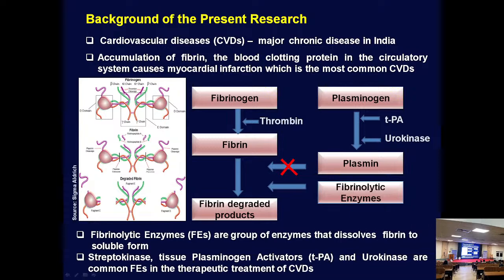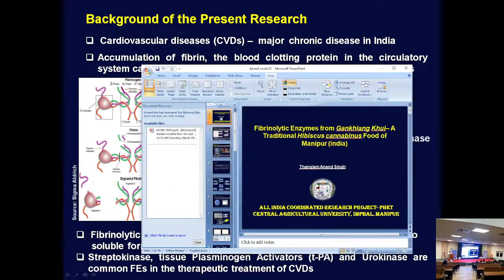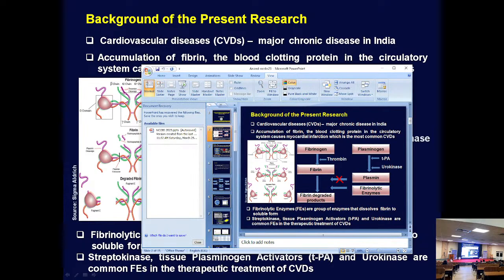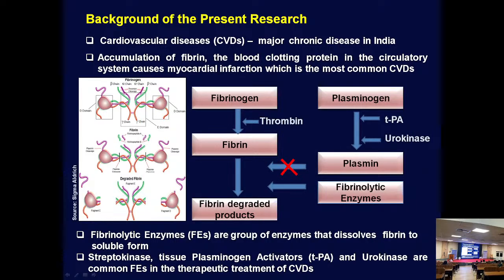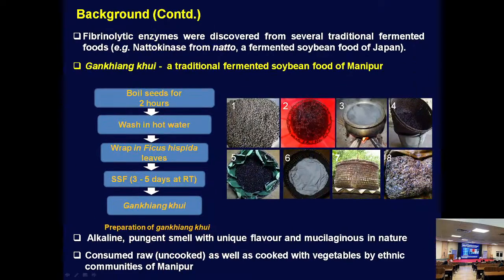Plasmin is not able to digest the block, so we inject or ingest a fibrinolytic enzyme. A fibrinolytic enzyme is nothing but a group of proteolytic enzymes that are able to digest fibrin.